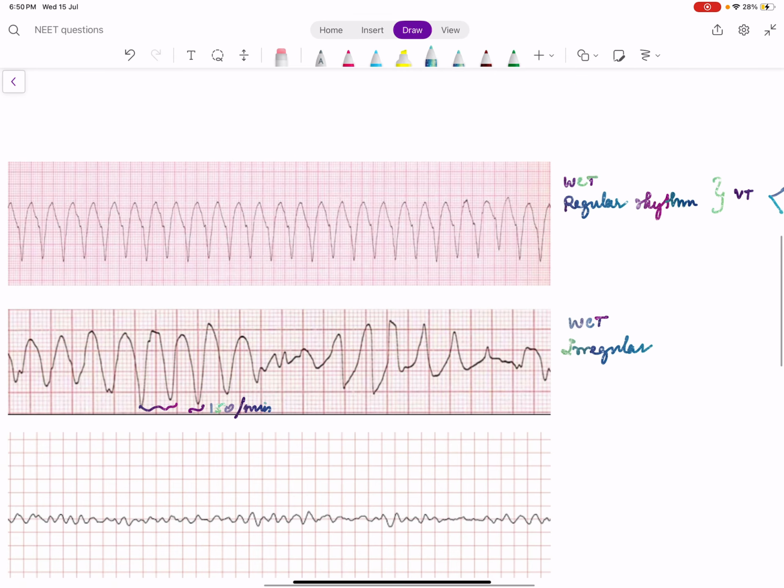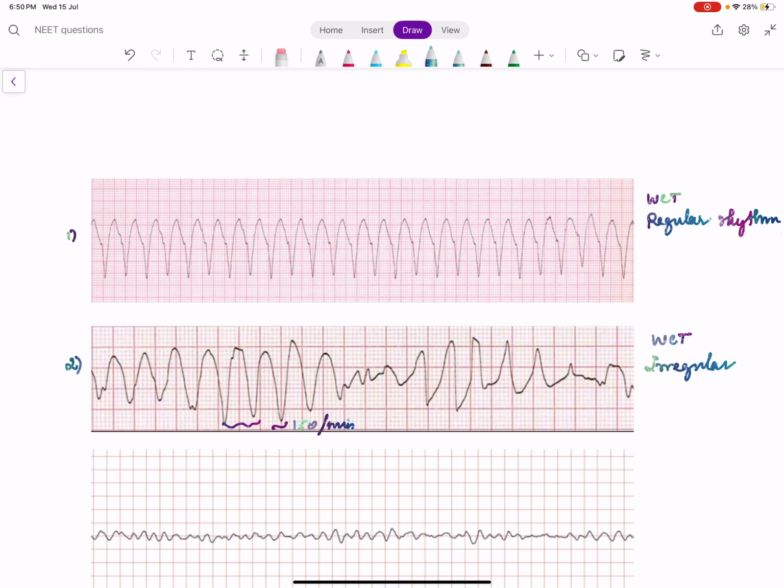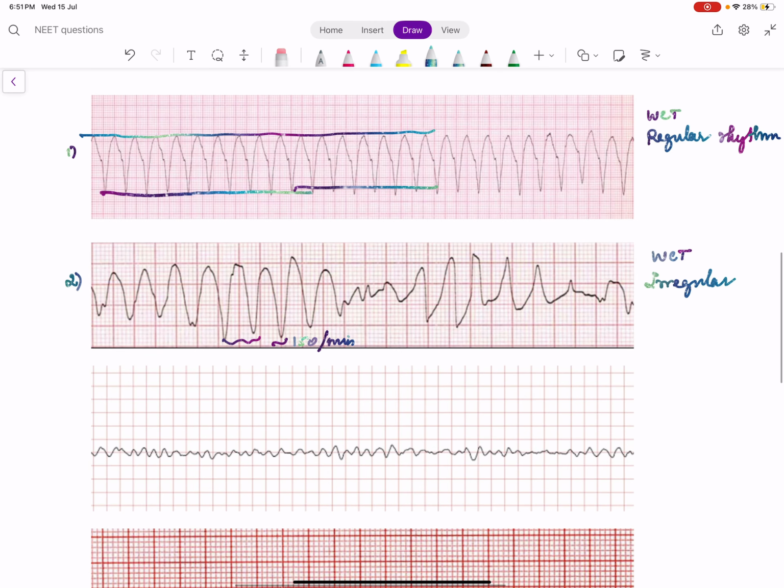But one striking difference between the first ECG and the second ECG is, see, the morphology of every wave is similar in the first ECG, whereas here one wave is small, one is large. See, it comes like this: few are small, few are large.